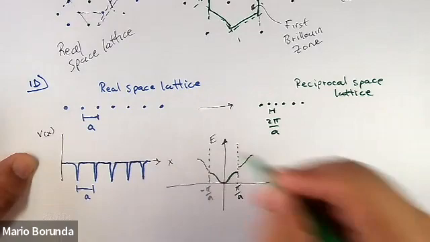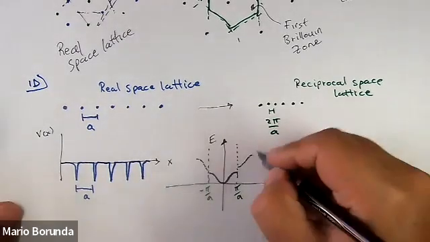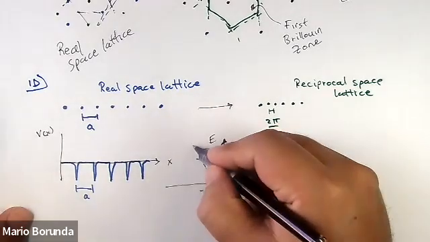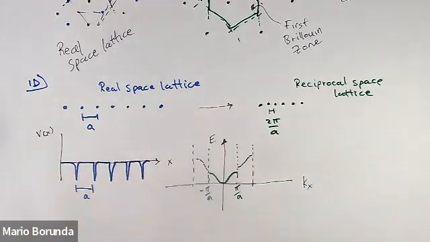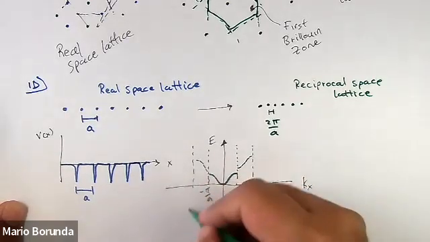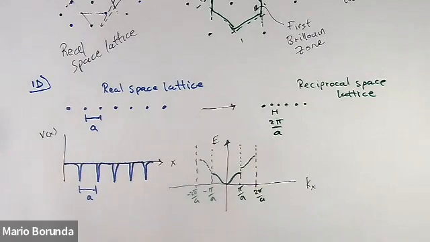And this is symmetric again until it reaches that point. And this is 2 pi over A. Just like that. And it continues in all directions. This was periodic, so I can take this and put it here. I can take this and put it here, and so forth.